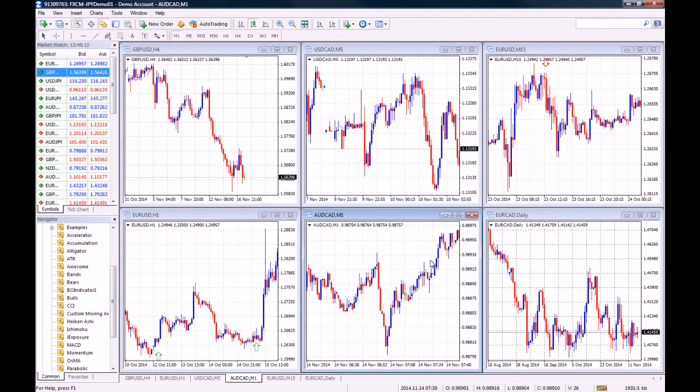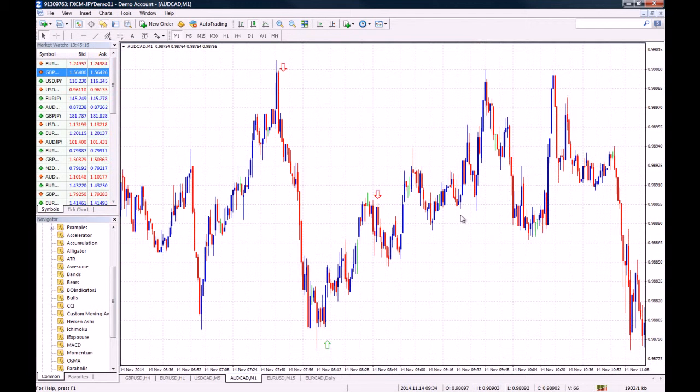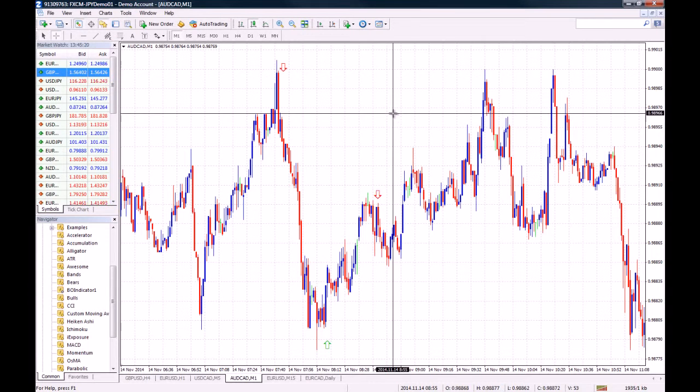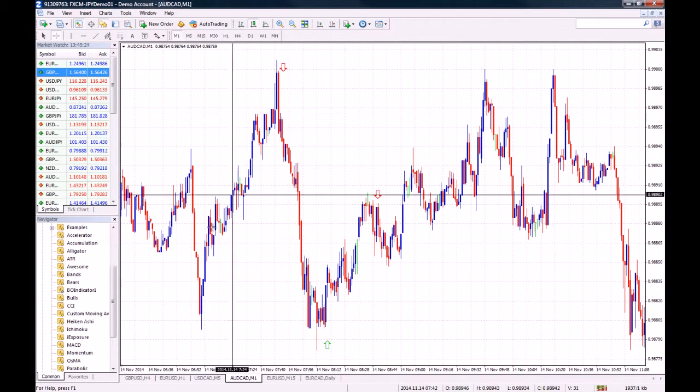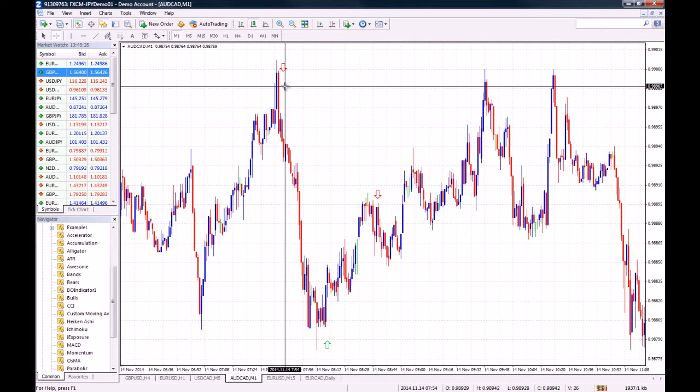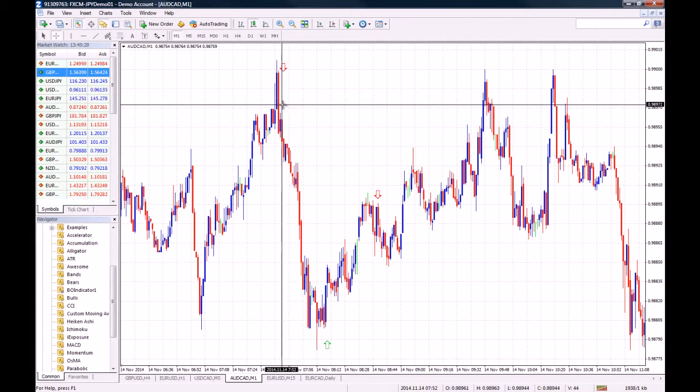Okay, now let's start with the Aussie dollar Canadian dollar 1 minute chart, and let's go through the signals. In this chart, we have three signals, and as you can see here, the first signal comes when this leg up ends and the down move starts.